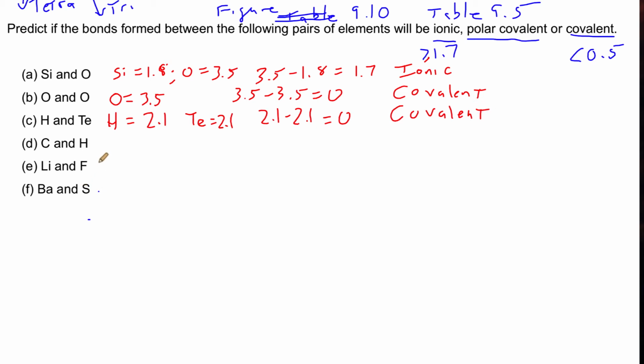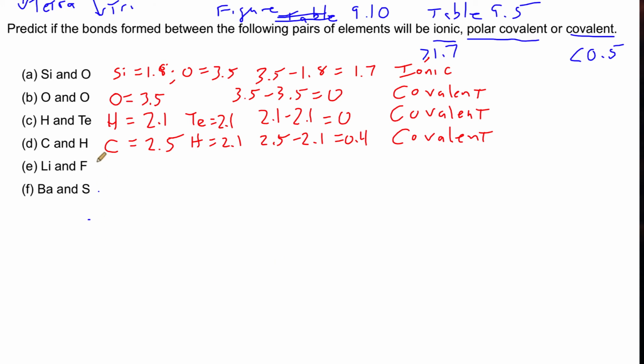Fourth example uses carbon and hydrogen. So carbon has an electronegativity of 2.5. Hydrogen, we just said from the previous, is 2.1. 2.5 minus 2.1 is 0.4, which again gives us a covalent bond.